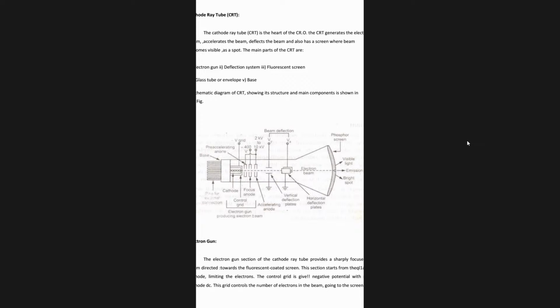Some of the electrons, when they pass through the control grid, which consists of some small holes. So when the electrons come out through the small hole of the control grid, some of the electrons diverge in different directions. So this combination of three anodes, that is accelerating anode, pre-accelerating anode, and focusing anode, all together work as an electrostatic lens.